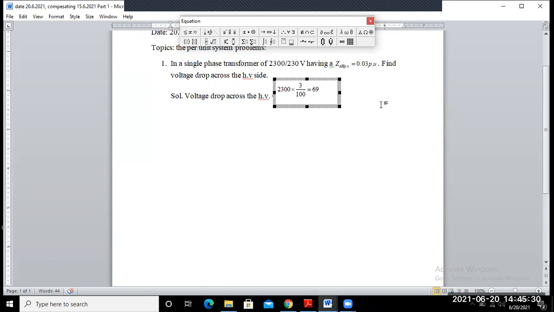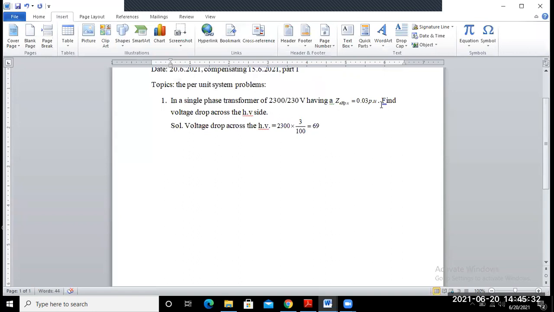It becomes 69 volt. So 69 volt is the voltage drop across the high voltage side. Directly you can calculate it from this relation of voltage drop across the HV side at the rated voltage.